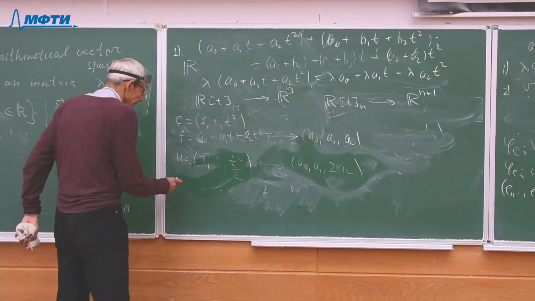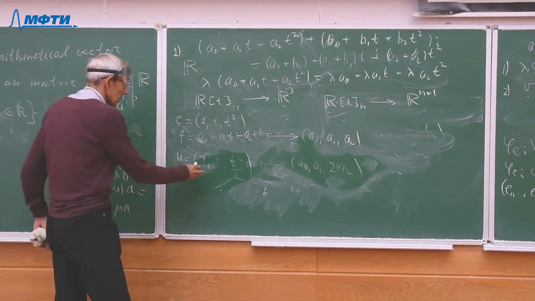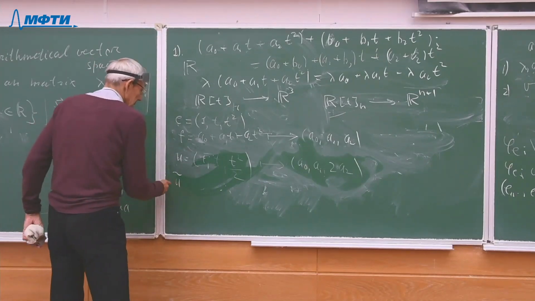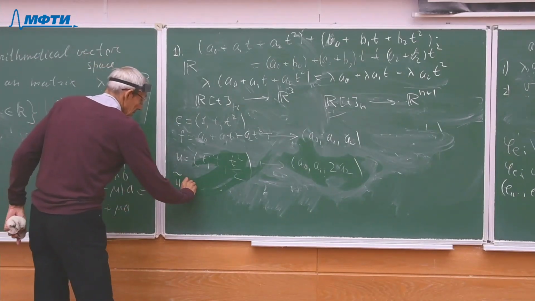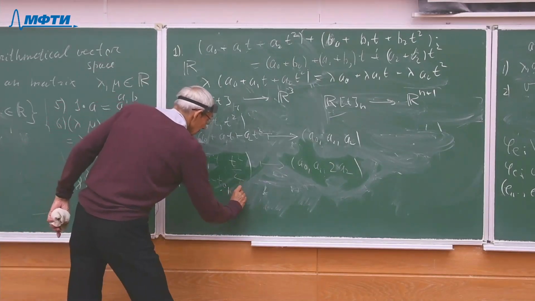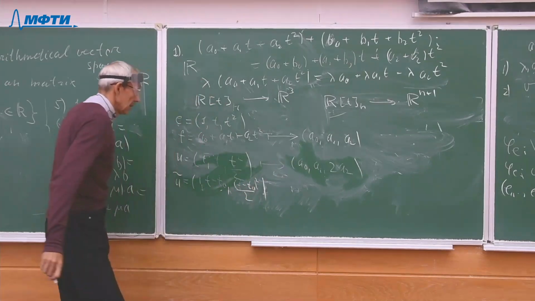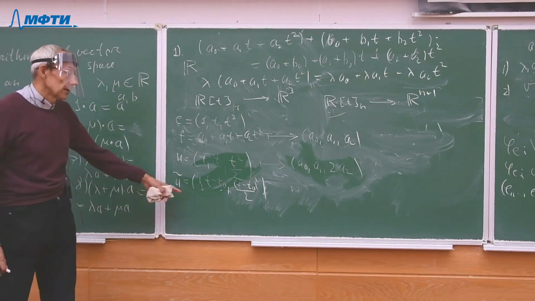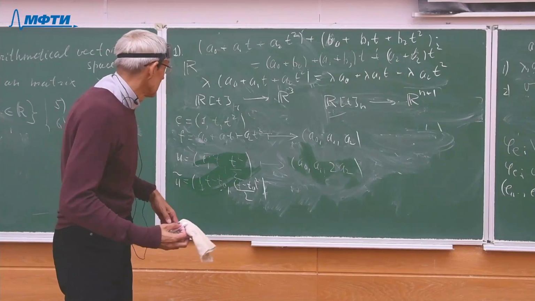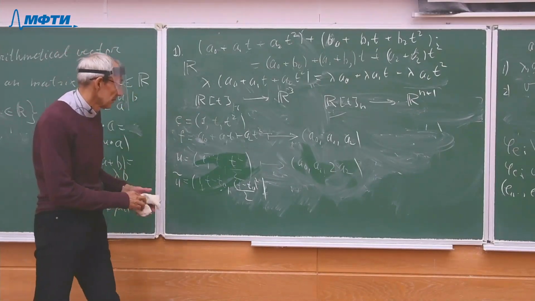I can choose a third basis, for example 1, t minus t0, t minus t0 square. And in this case, I obtain the third decomposition of this vector.